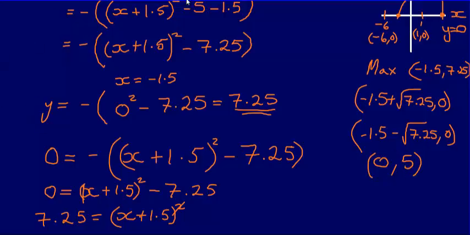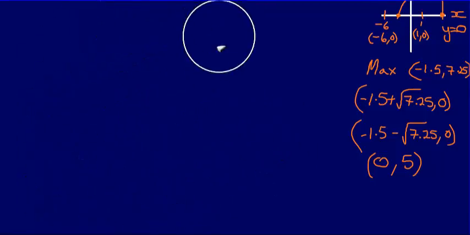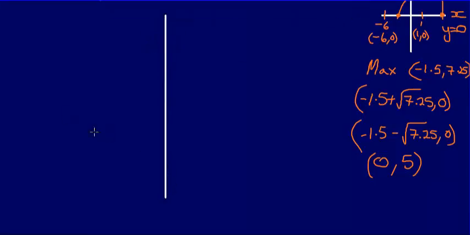And then I'm going to sketch my graph. So I'm going to delete some of the work we did earlier, to make a bit of space. And let's draw this graph. So we've got our y-axis and our x-axis.